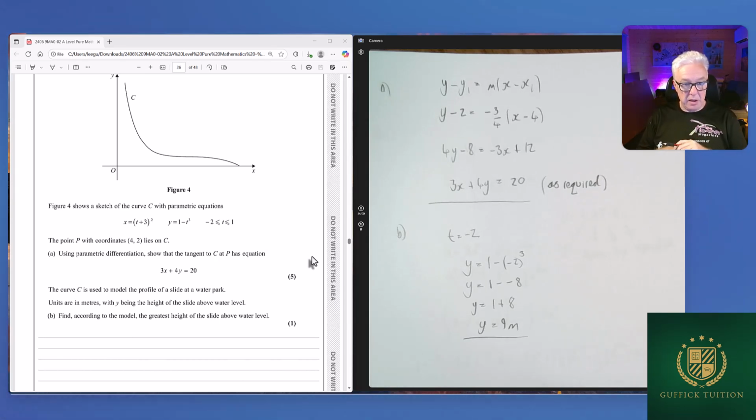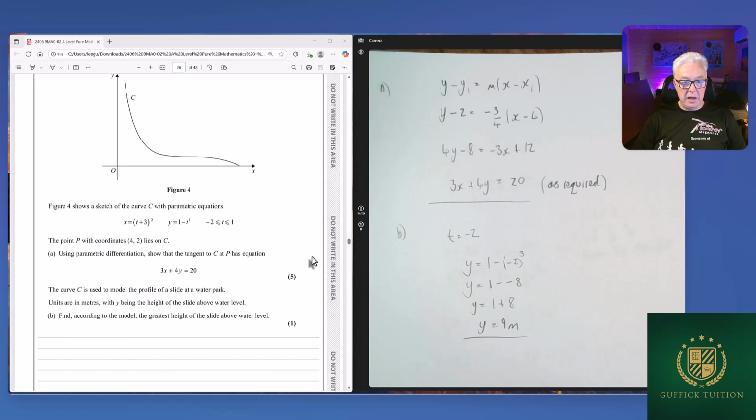Now, it says the curve is used to model a slide at a water park. The units are in meters, with y being the height of the slide above the water. Find, according to the model, the greatest height of the slide above the water, 1 mark. If we just have a look at the cubic equation for y values, if t is negative, we're going to get positive values coming out of that, because we have 1 minus t³, and t³ would give us a negative number.